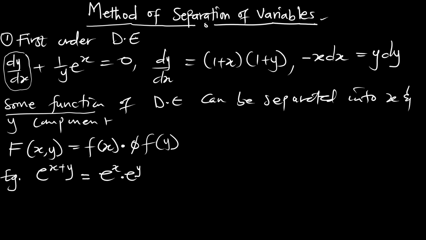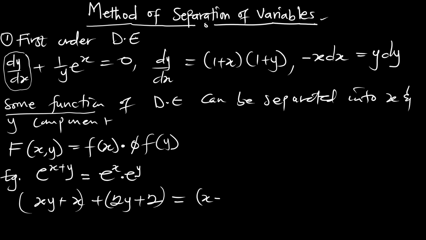Then again, if I have an expression such as xy plus x plus 2y plus 2, this function can be separated into (x plus 2) multiplying (y plus 1). So in this form, we are able to group the x on one side and the y on the other side. This is the idea of the method of separation of variables.